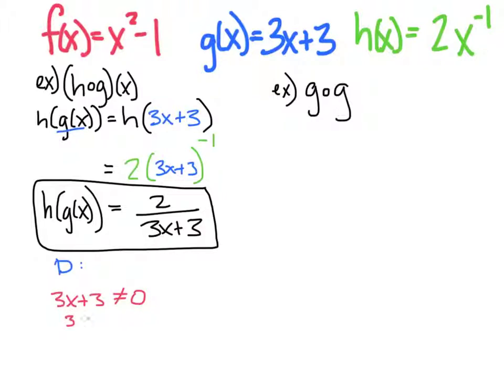So 3x equals negative 3. Divide both sides by 3, and x cannot equal negative 1. Okay, and think about that. 3 times negative 1 is negative 3, plus 3 is 0. So if you were to plug a negative 1 into this denominator, you would get 0 in the denominator, which you cannot have. So my domain is all the real numbers except negative 1.